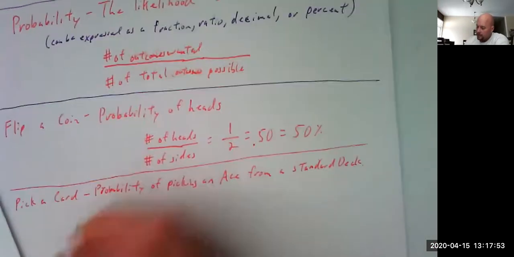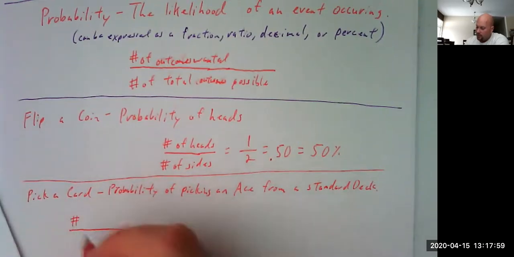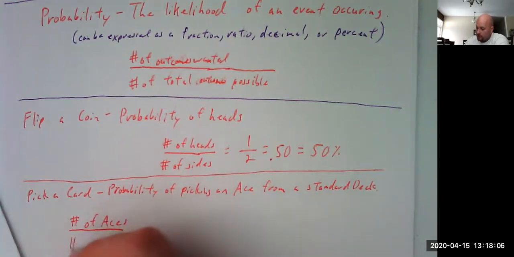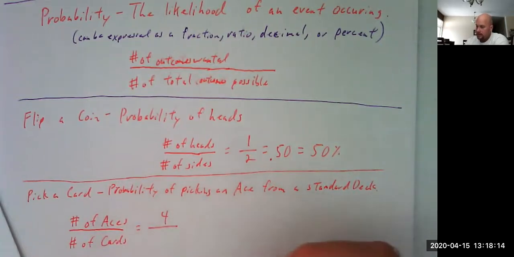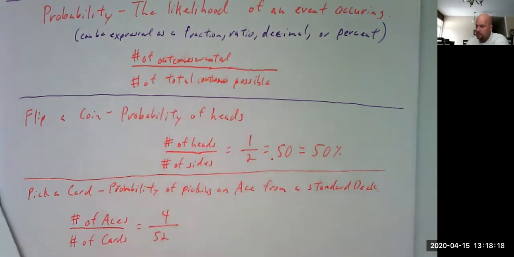Well, in a deck of cards, you'd have to look at the number of possible outcomes that you want, which is picking an ace. So we need to know the number of actual aces, and we'd also need to know the number of cards. So there are 4 aces in a deck, 1 of each suit, and there's a total of 52 cards.